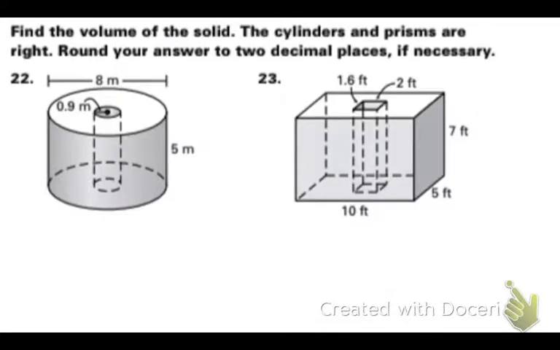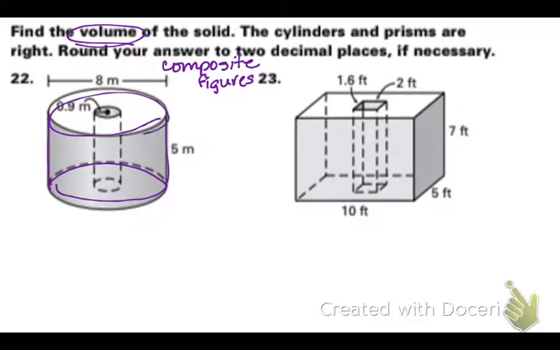Okay, volume of the solid. So here we're going to work on some volume. Okay, and notice these are what are called composite figures. So what this is, for example, this number 22, is a big cylinder, and they've gone and taken a little cylinder out of it.